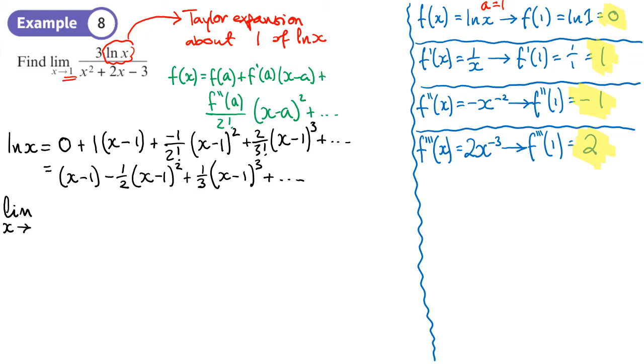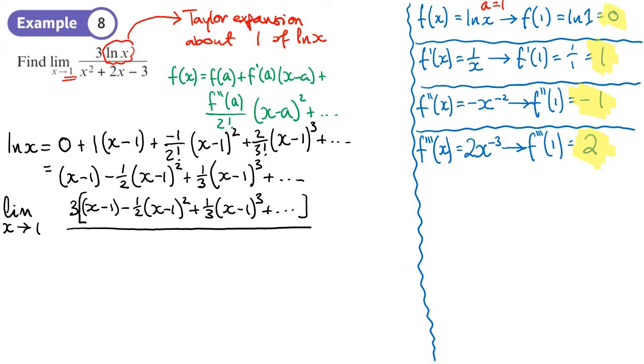So we always do this: if we've got log, sine, tan, these types of things, we always replace it with the Taylor expansion. So we're going to have 3 times the expansion for log, which is x minus 1 minus a half x minus 1 squared plus a third x minus 1 cubed. Now, interestingly enough, if we have a look at the denominator, which is x squared plus 2x minus 3, guess what?